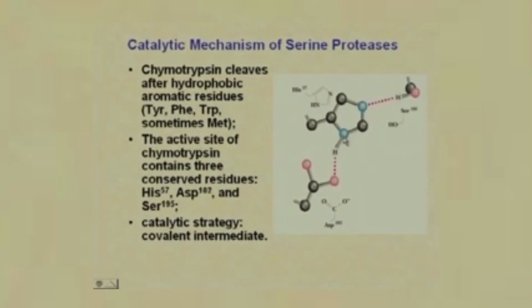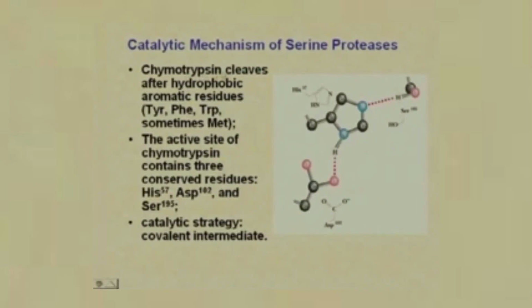You have two nitrogens, there is an H attached here, and this is the serine. What is the side chain for serine? OH. So this is just the schematic, and these ball and stick models show you which residues are important. So what do we have here? We have serine 195, histidine 57 and aspartic acid 102.